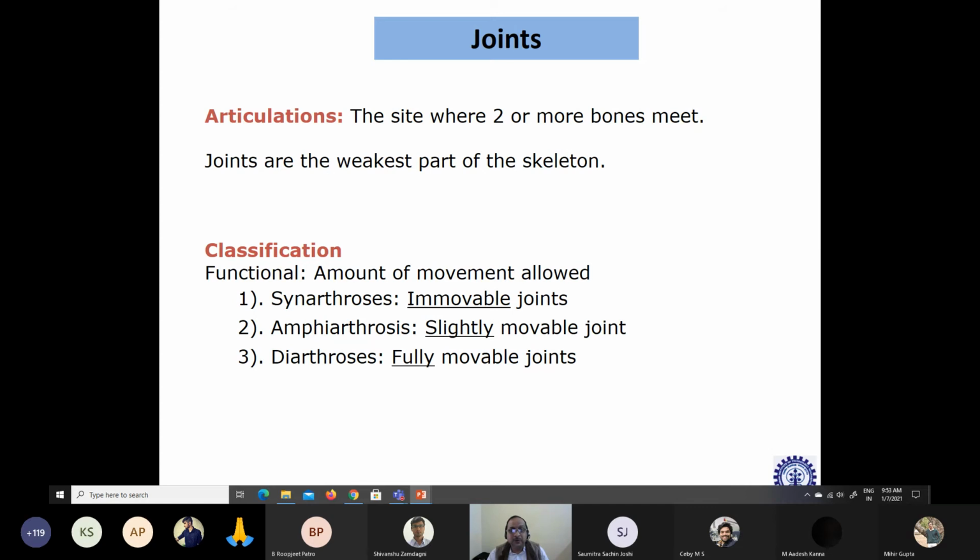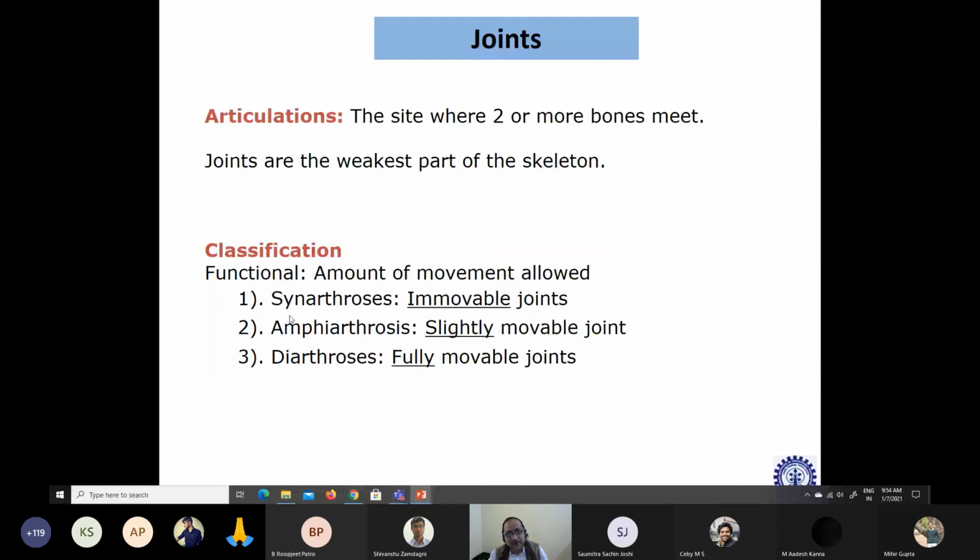There are certain clinical classifications based on function, the amount of movement allowed. So we have immovable joints, slightly movable joints, and fully movable joints. These have their clinical names: synarthrosis, and so on.